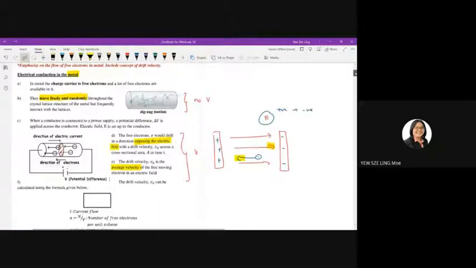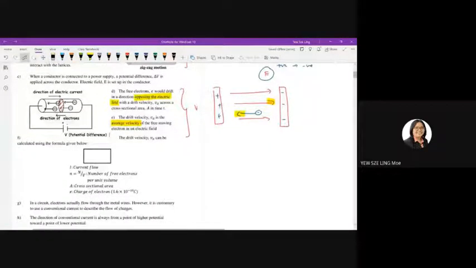When it comes to the drift velocity, you look at what happens in a given time across this given surface area, the red color area. So you look at the times. The drift velocity can be calculated by using the formula Vd equals I over nAe.